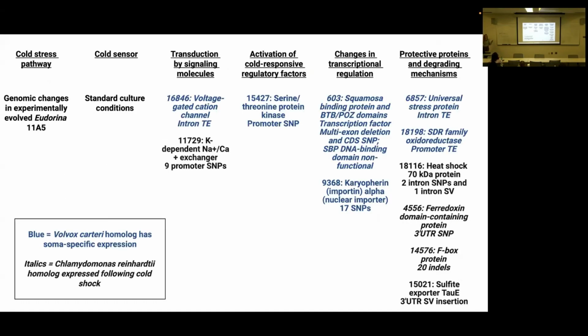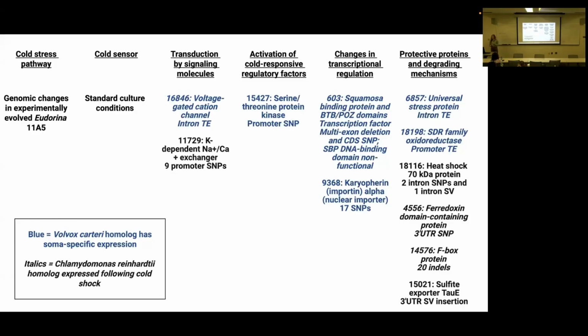Then I mapped these annotations to the cold shock pathway. So this is where I really got a sense of what is changing in my experimentally evolved line. Up here, you can see the main steps of the cold stress response pathway in Chlamydomonas. First, I looked at changes in transduction by signaling molecules. When Chlamydomonas is cold shocked, a bunch of calcium floods into the cell, and that acts as a key second messenger mediating the cold shock response.